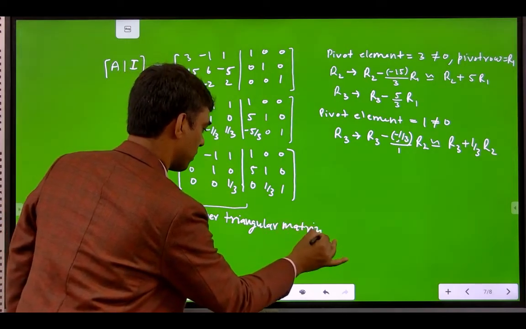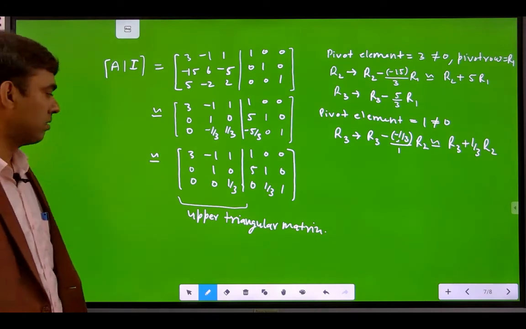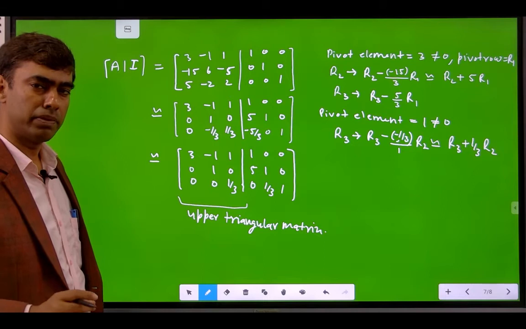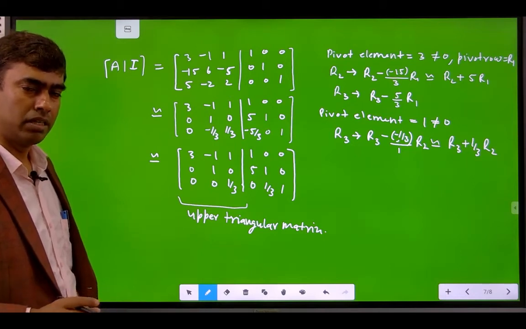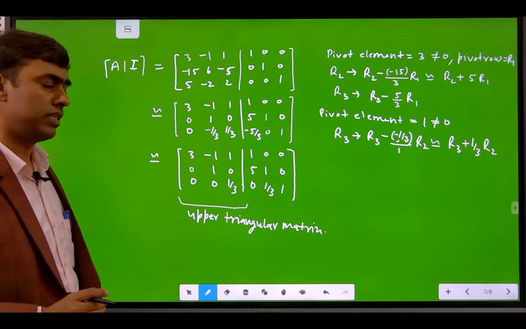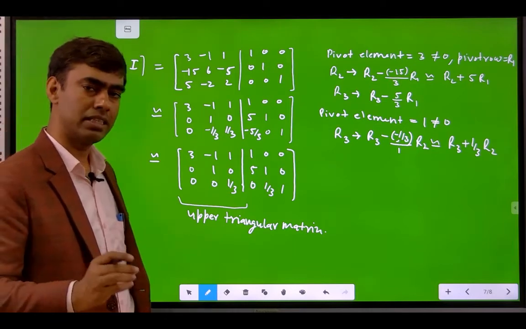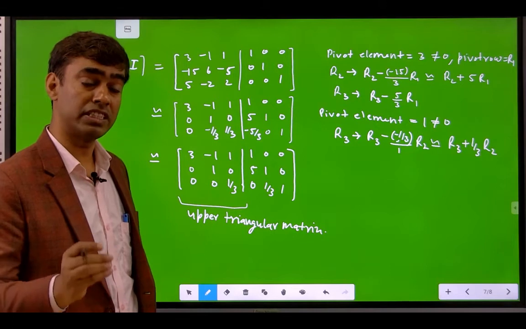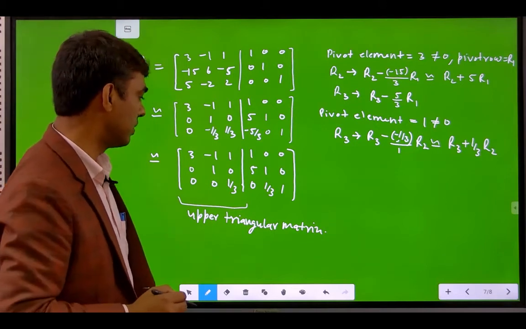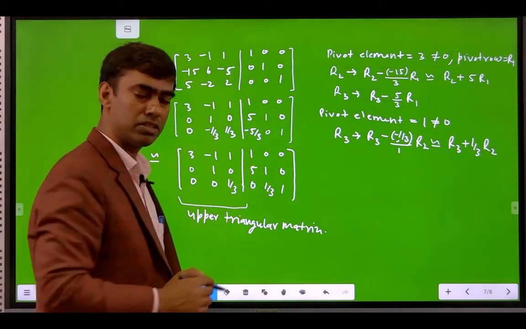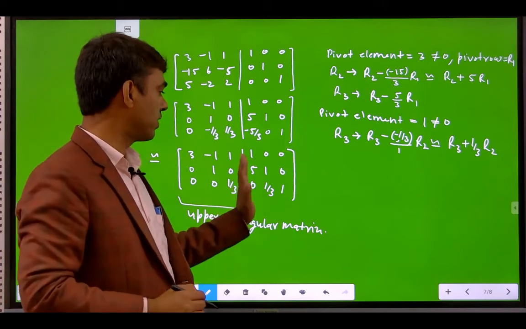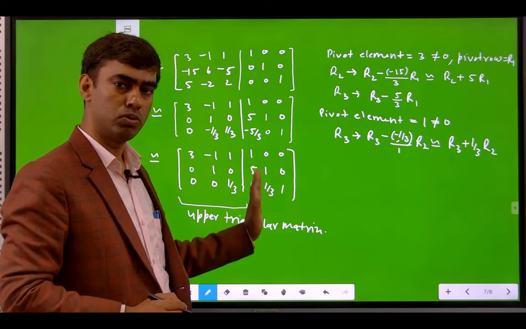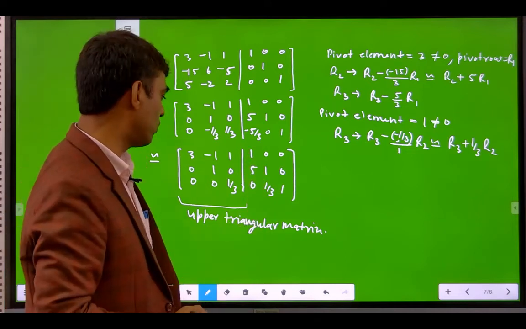So in the Gauss elimination method, once we convert the matrix A into an upper triangular matrix, then we write a reduced form of a system of linear equations. Rather than saying a system, here we write a reduced form of a set of systems of linear equations, because what are the unknowns corresponding to the first column of the partition matrix of the right hand side? x11, x21, and x31.